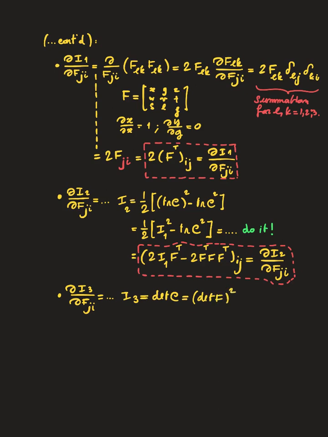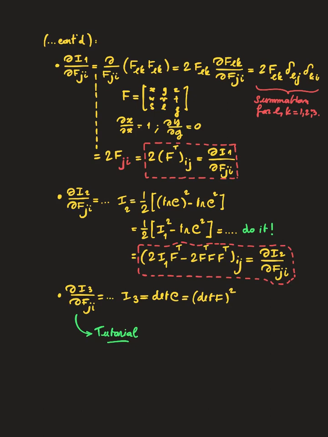Now I'm not doing the proof of this part because you will do it in the tutorial. I want you to do it yourself, and this part will be done in the tutorial.